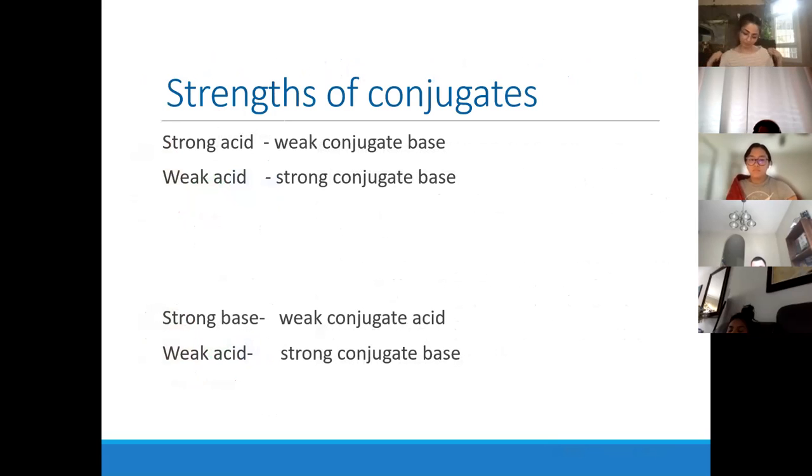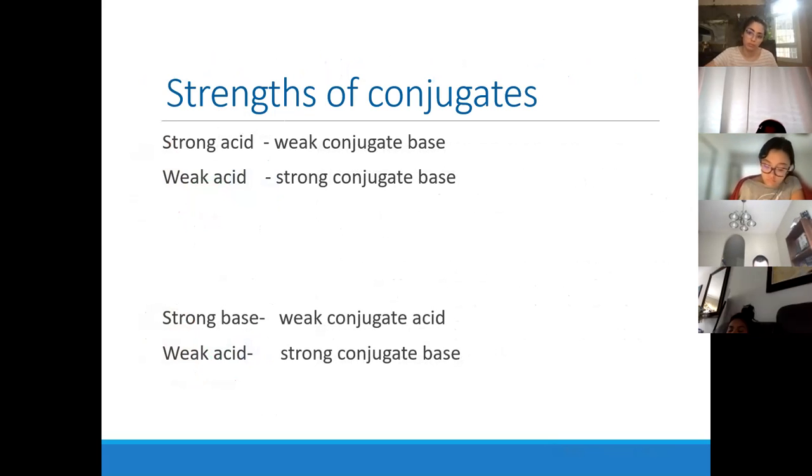So I have to understand that my cation can make an acid, my anion can make a base.